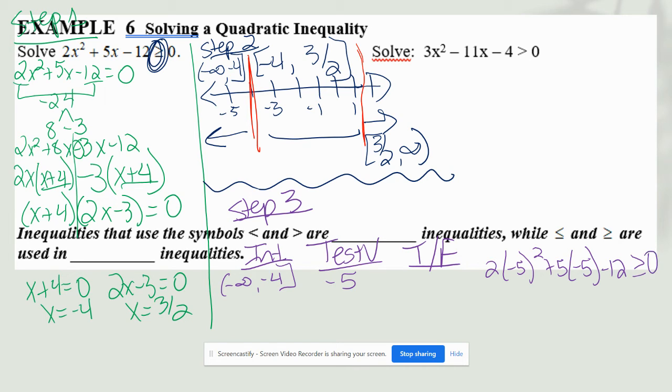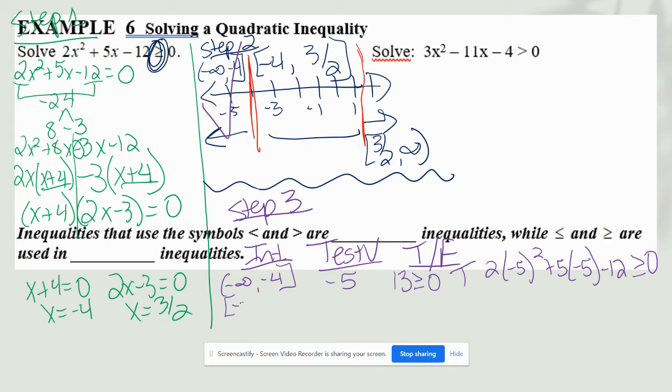And we want to know, is that going to be greater than or equal to 0? I plop all of that into my calculator, or I can do it step by step. And we end up with 13 is greater than 0, which is true. So that's a good part of our answer.